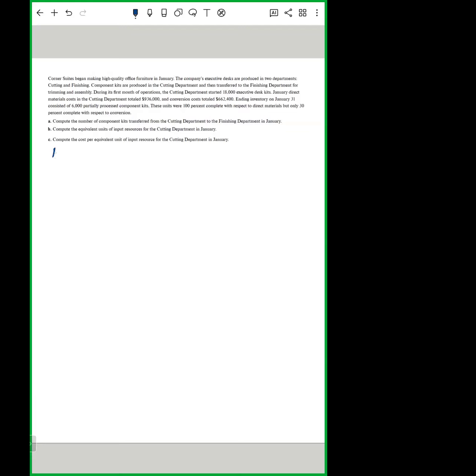But then those 18,000 didn't get fully finished because it says we have 6,000 partially processed units at the end of the month. So we need to subtract those 6,000 units that we didn't finish out. And that gives us 12,000 units that were transferred to finished goods.